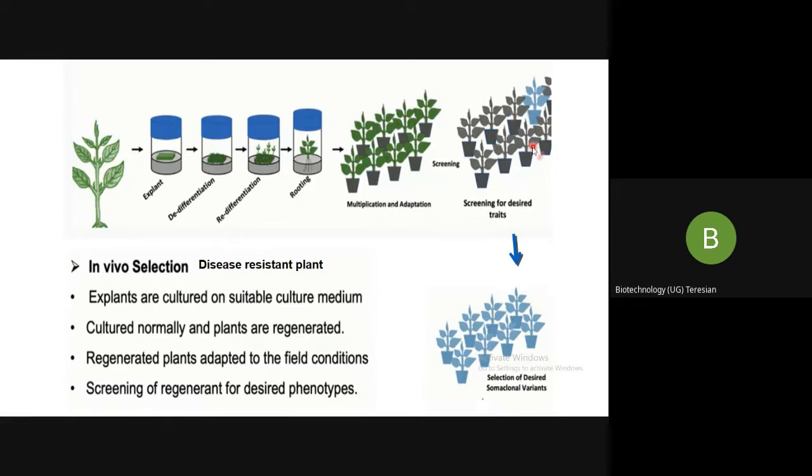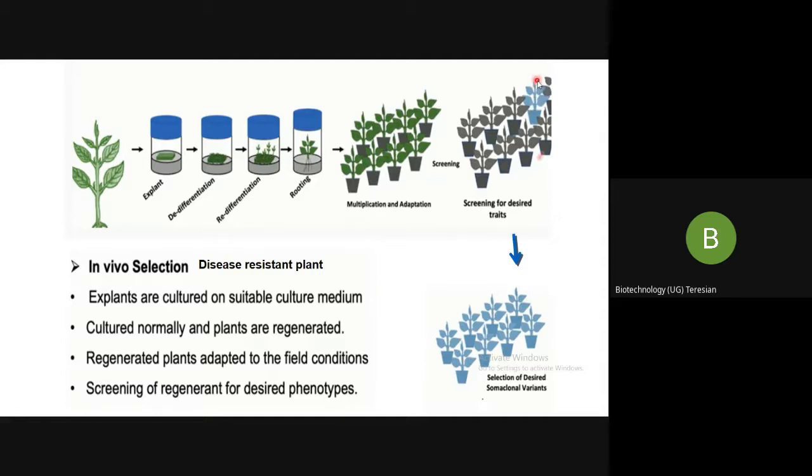So when you screen, when you are inducing that pathogen Z, all the plants will die. Only one plant will survive against the Z organism. So now you take this plant and try to add that disease to it again. Nothing will happen. It will survive.